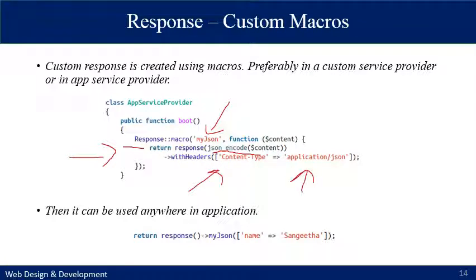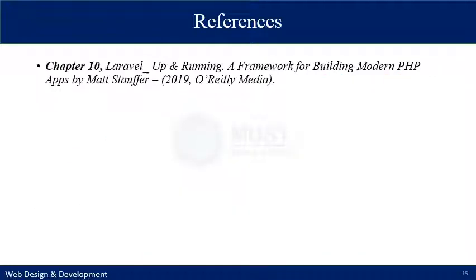Then it can be used anywhere in the application, such as you can use response, and the name of the macro, along with the information, such as in this case we have provided a null value with the name.